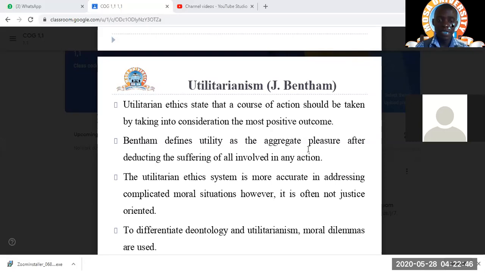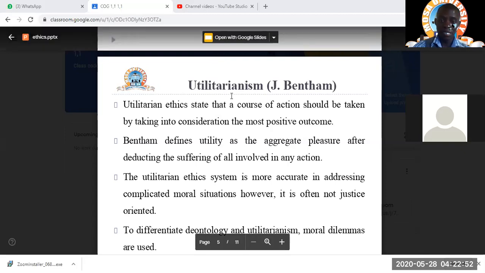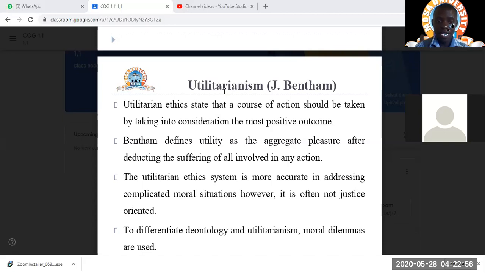The utilitarian ethics system is more accurate in addressing complicated moral situations. However, it is not justice oriented. So to differentiate deontology and utilitarianism, moral dilemmas are used. What is a moral dilemma? This is a circumstance or situation in which one is urgently required to make a decision, mostly between right and wrong or between wrong and wrong.